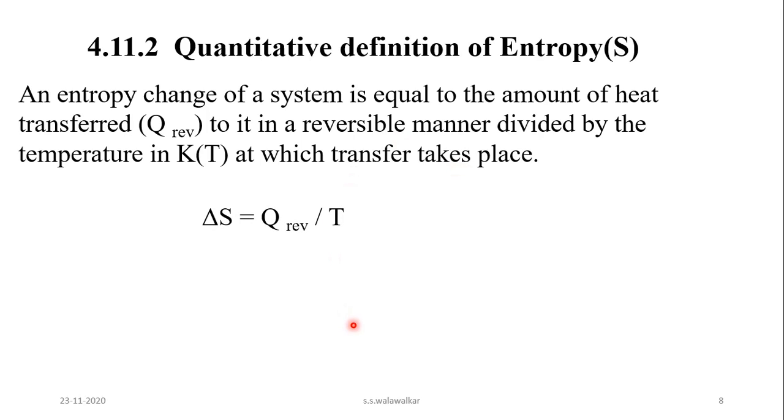According to this definition, delta S is equal to Q reversible divided by T. Heat is expressed in joules and temperature is expressed in Kelvin, so the unit of delta S, that is change in entropy, is joules per Kelvin.